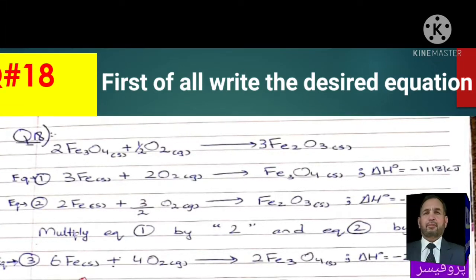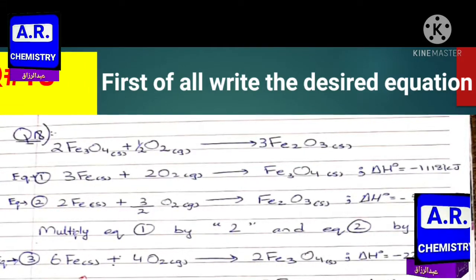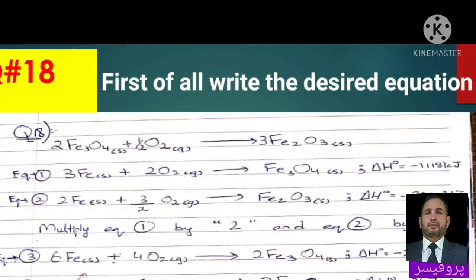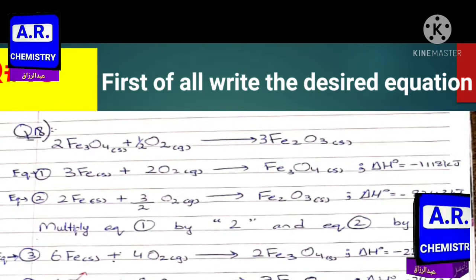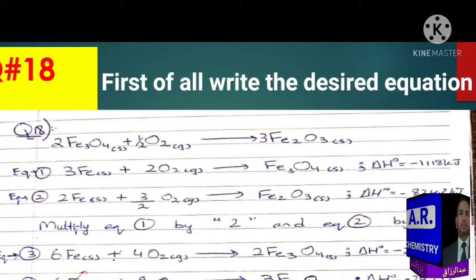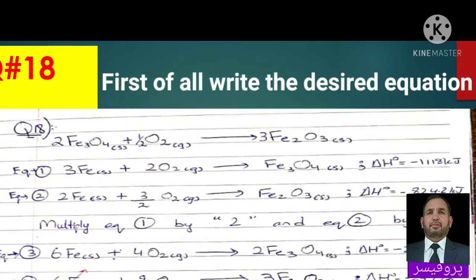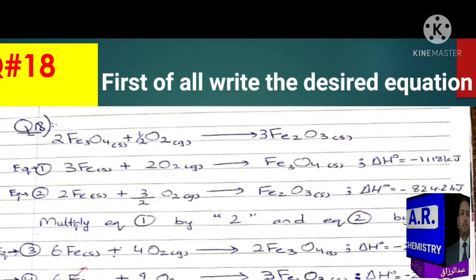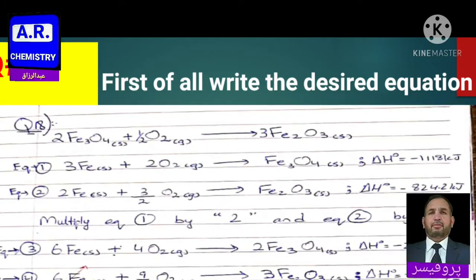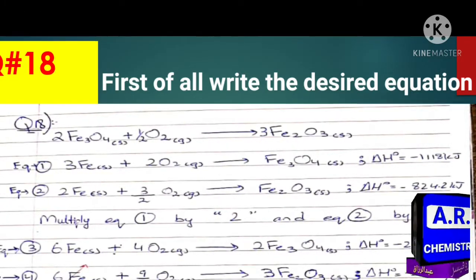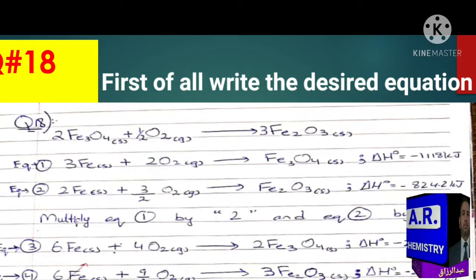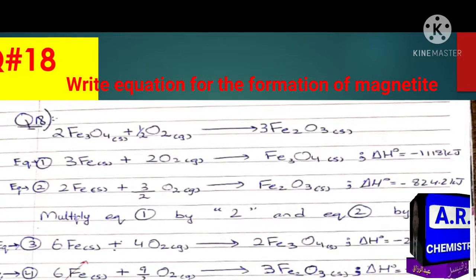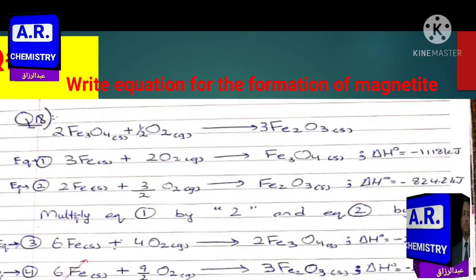So you are to learn by heart the different formulas, at least these two oxides of iron, which are magnetite and hematite. After writing this equation, you are to write in front of that, which is not written here, delta H naught equal to question mark. So number one is to write the equation that is required, to which equation we are to reach.